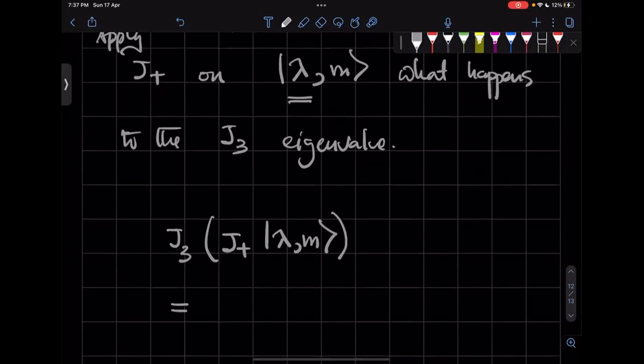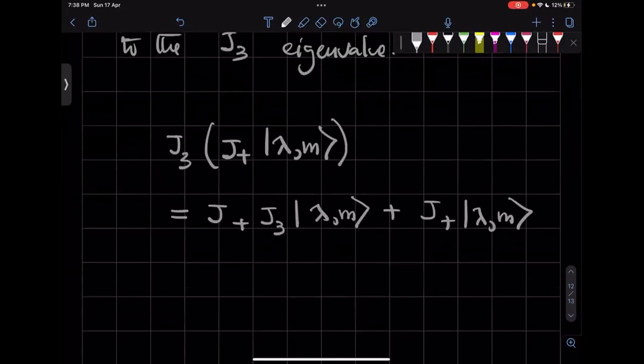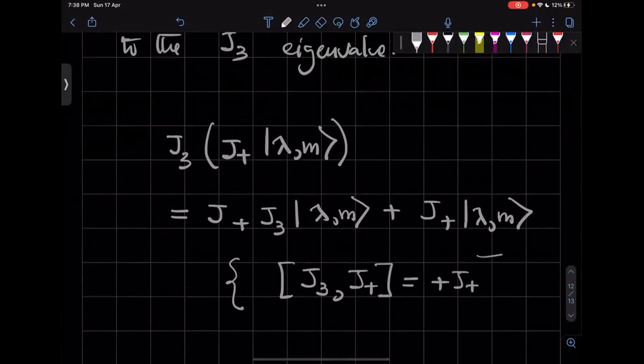We can use one of the commutation relationships to write this as J plus J3 |λ, m⟩ plus J plus |λ, m⟩. What are we using? We are using the commutation relationship where [J3, J plus] is equal to plus J plus.